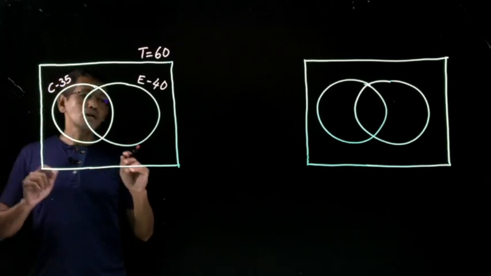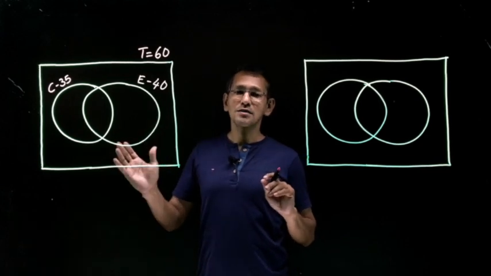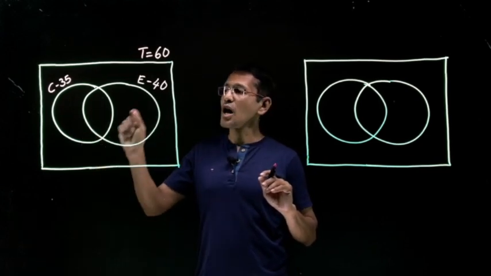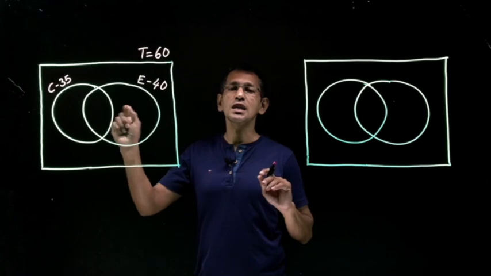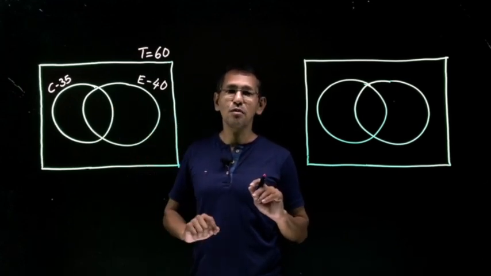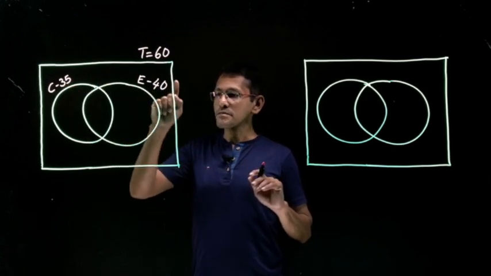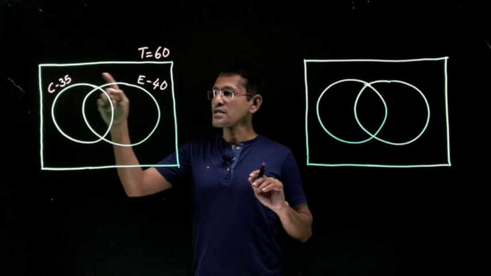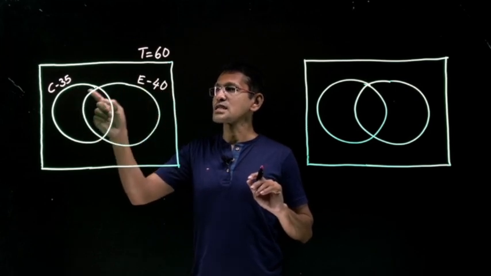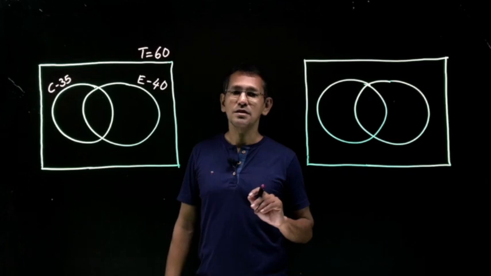Now we'll take a look at how many students passed in each subject. For example, how many students passed only in computer science and how many passed only in economics. If you take this 35 and this 40 together, 35 plus 40 is 75, but we have only 60 students in the batch.